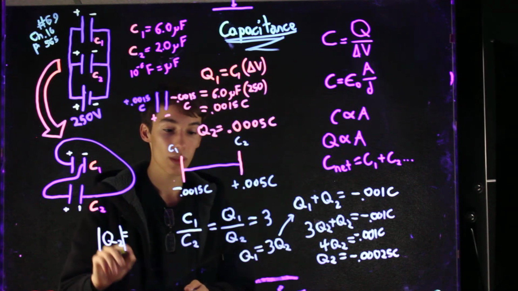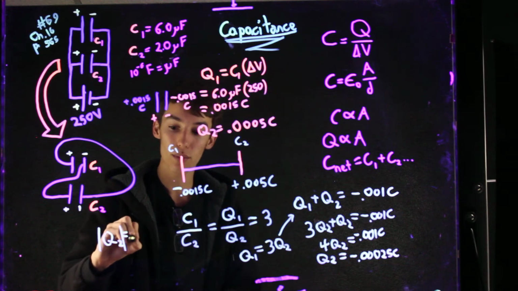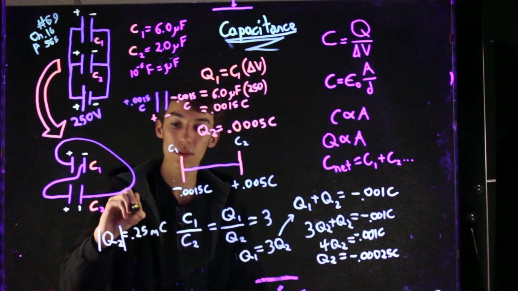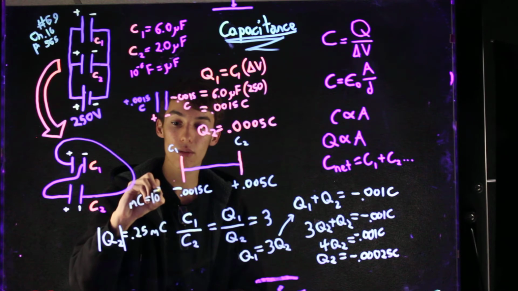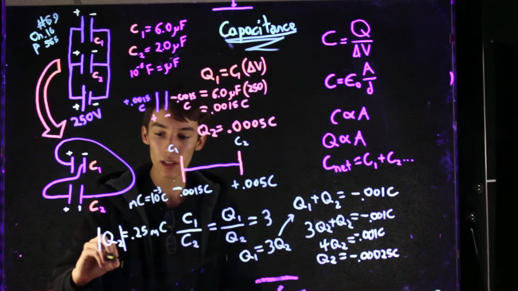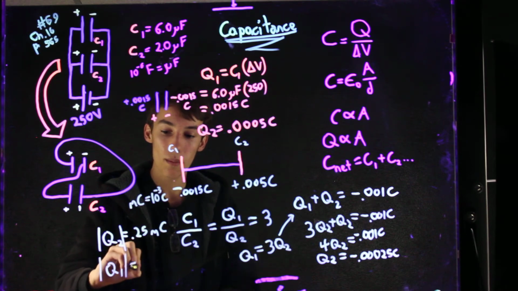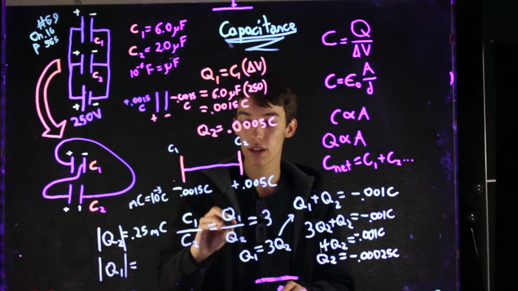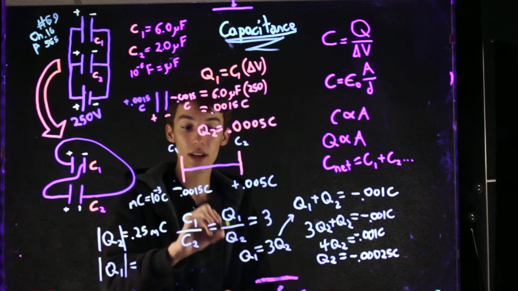So the magnitude of Q2, we're going to turn this into its absolute value of 0.25 millicoulombs, because a millicoulomb is equal to 10 to the negative third coulombs. And therefore, since Q1 divided by Q2 is equal to 3, Q1 must be 3 times Q2.